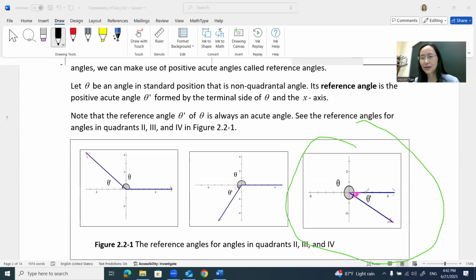So this terminal side and x-axis. So that is the theta prime, which is acute. So we can always find an acute angle. Using this definition, we can always find the reference angle of a given angle.